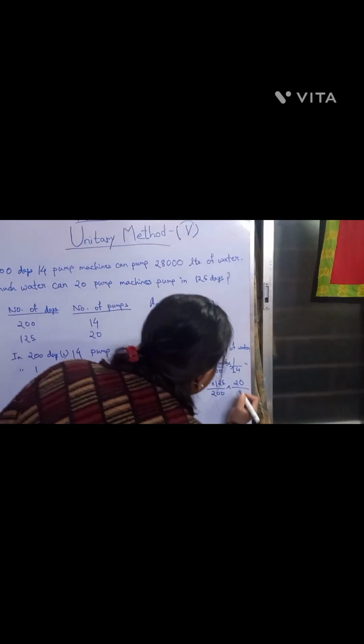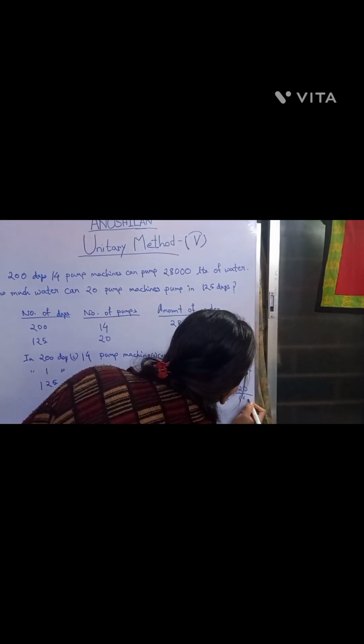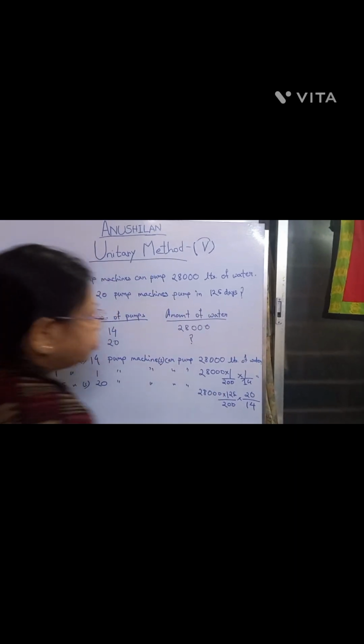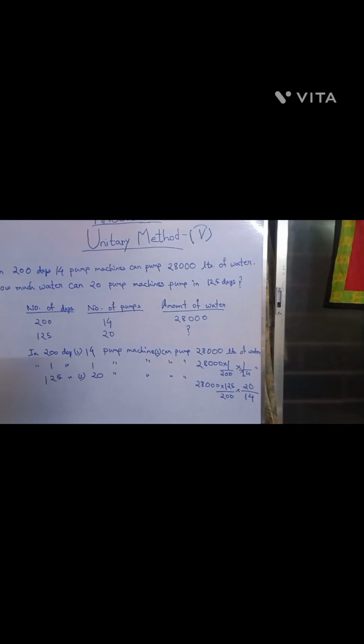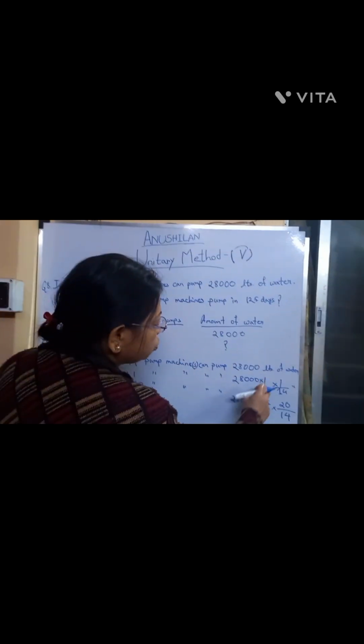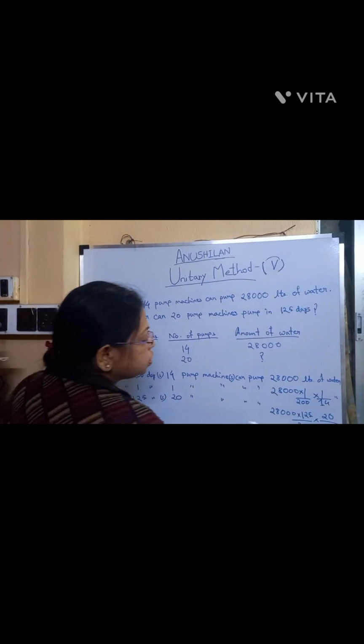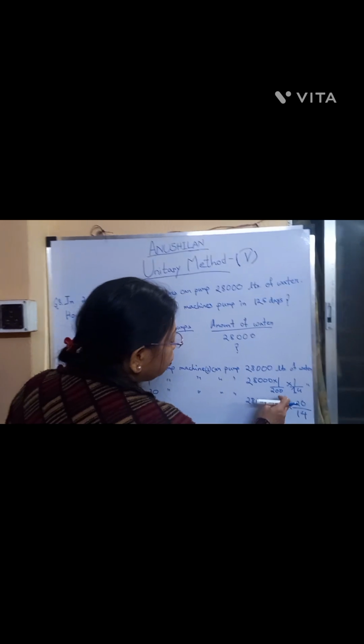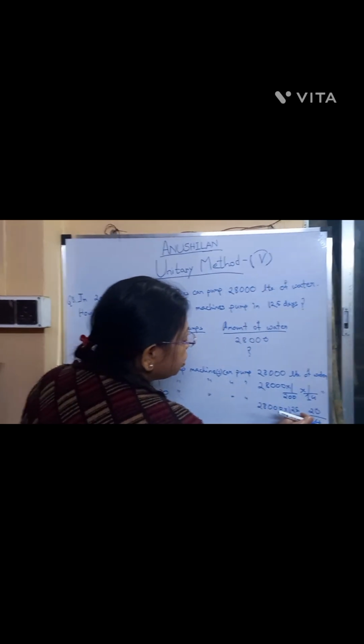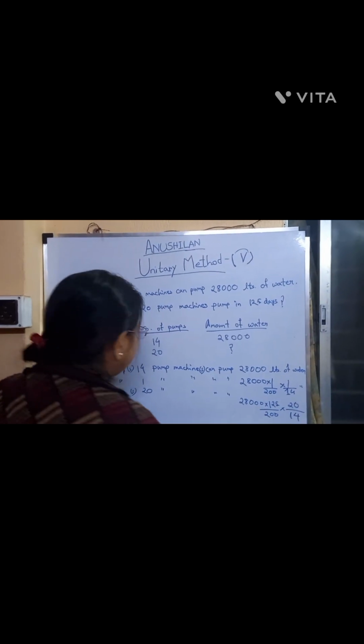Like that is 14. Okay, have you got it? Here I have done the division, so 1 by 200 into 1 by 14. Now number of days is increased, so it is 125 by 200 and it is 20 by 14.